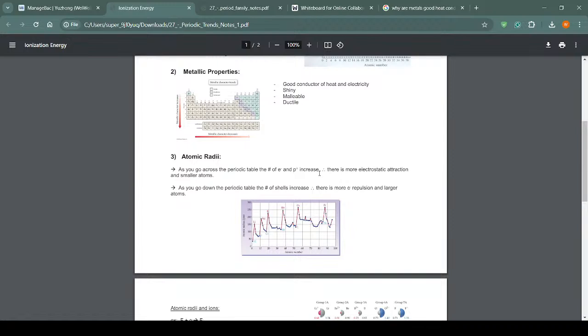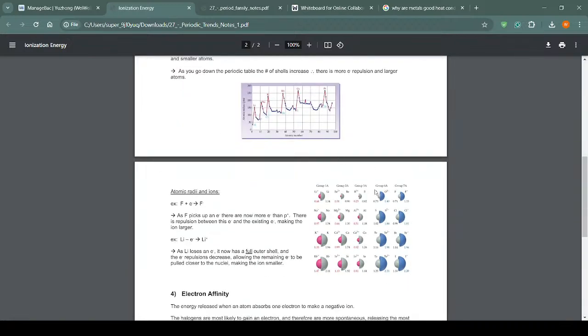Of ions, so as fluorine picks up an electron, there's more electrons, and then they're going to become larger because there's more repulsion between the electrons.